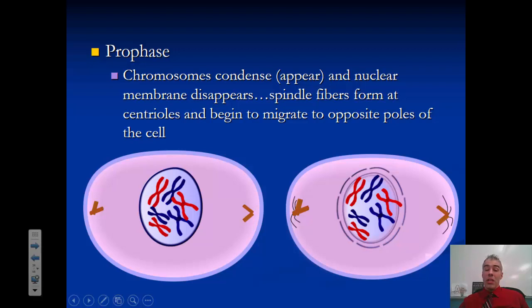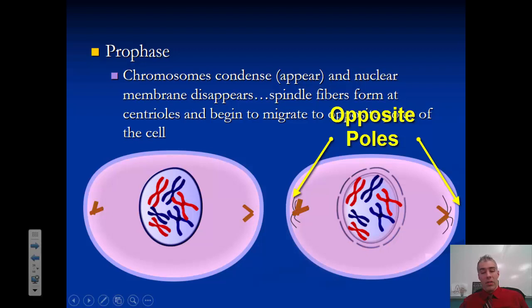The homologous pairs don't really matter during mitosis. It's not going to matter until meiosis when we talk about that process, which is going to be in the next lecture. So the chromosomes condense, the nuclear membrane will eventually disappear, and then these things, which are called centrioles, which are special organelles which specifically produce the spindle fibers that will pull the chromosomes apart, and they only really condense and appear during mitosis.